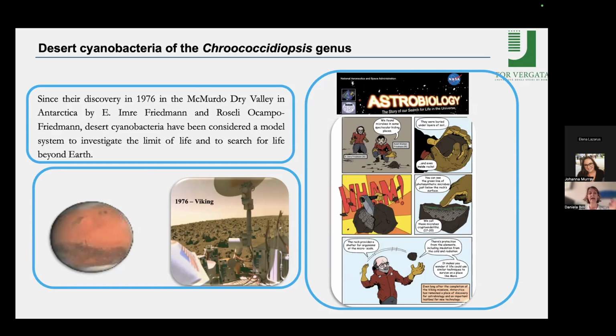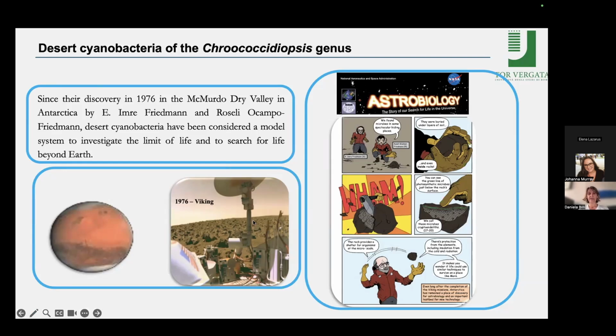And indeed, now we are looking for signs of past life on Mars just by looking under the surface. Perseverance is collecting samples at 8 centimeters deep under the surface, and the European mission Rosalind Franklin, which will be launched in 2028, will look for signatures of life, drilling at 2 meters from the surface.